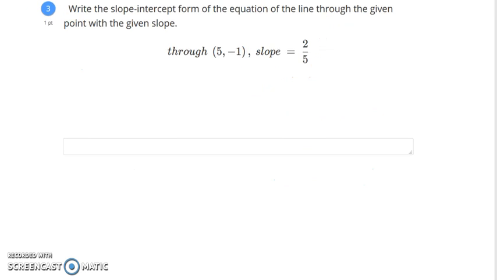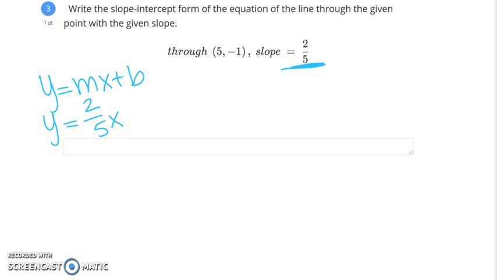It does start to get a little bit trickier when we start looking at problems like number 3, where it says write the slope-intercept form of the equation of the line through the given point with the given slope. We know that we need it in the form of y equals mx plus b. The cool thing is they already gave us the slope, so I can fill in my m value. But what I don't know right now is b.